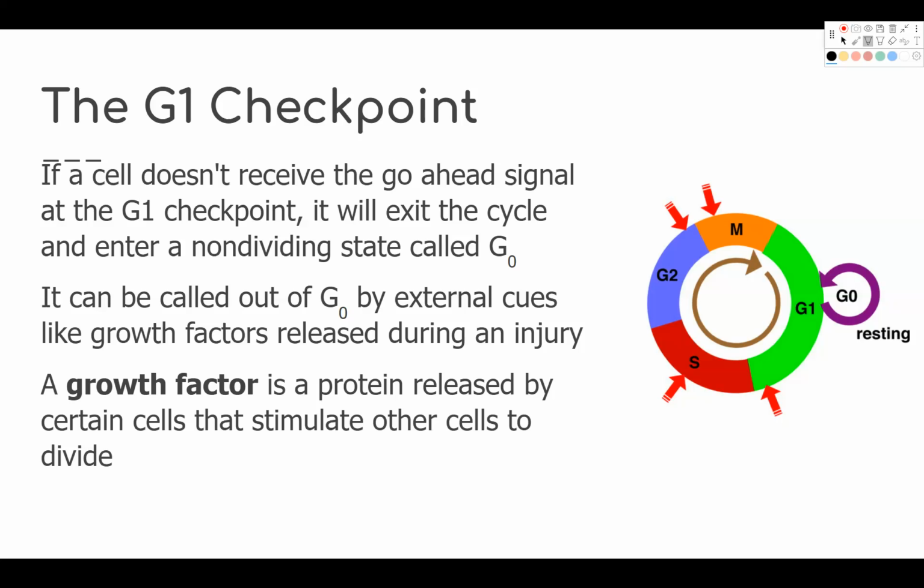So if you get a paper cut, all of the cells around that paper cut are like, hey, we lost some cells, we need to fix that. They will release growth factors, and then cells will be triggered to divide more and hopefully patch up and replace those damaged cells. So this is G1 and those little G0 signals. Questions here?